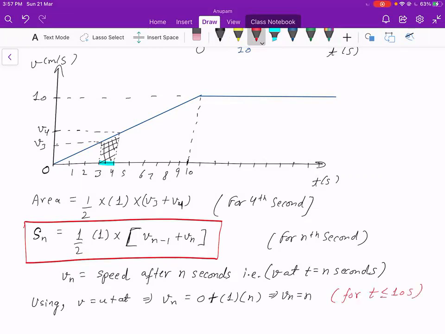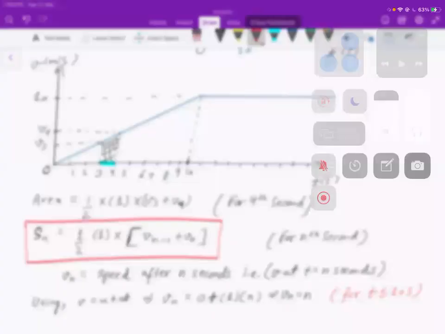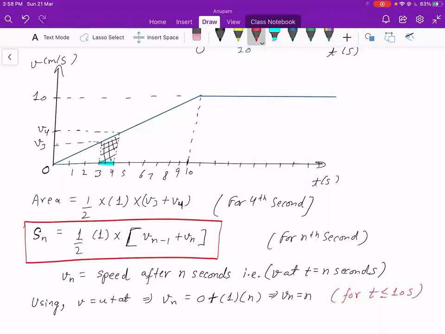Why is this condition there? What is the reason for this condition to be there? Plus the final velocity itself is 10. No, see, acceleration is 1 only till 10.